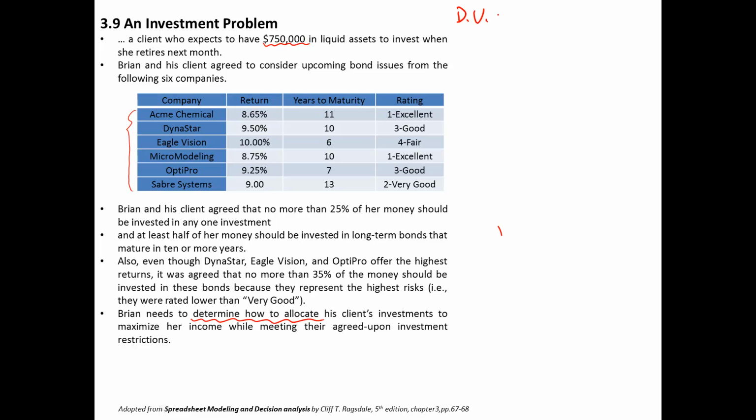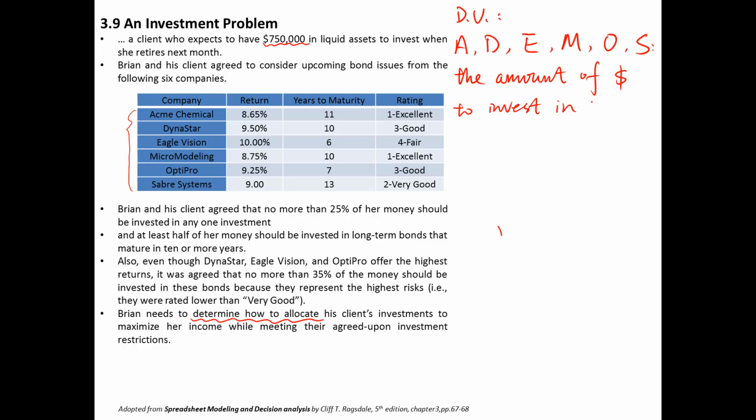Okay, so I'll put the decision variables are A, D, E, M, O, S, representing the amount of money to invest in bond issues A, D, E, M, O, S. Okay, so these are our decision variables.